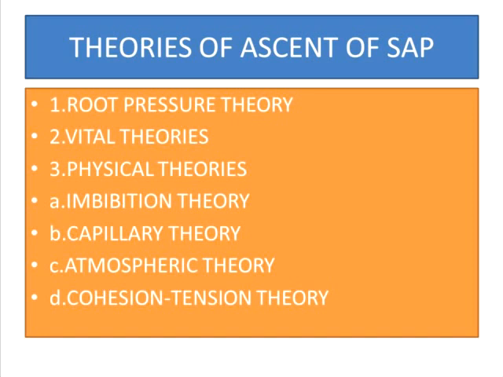Now, the capillary theory. Boehm gave the capillary theory. Water moves upwards through the lumen of the xylem cells, so capillary force must be playing a role. This theory was rejected because the magnitude of the capillary force is too low to account for the rise of water in tall trees.